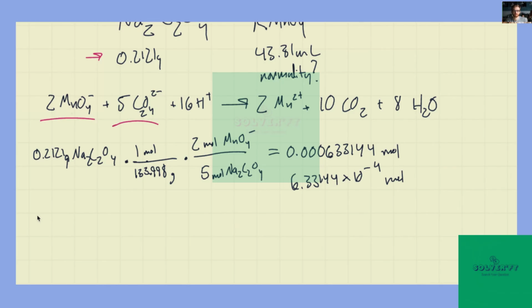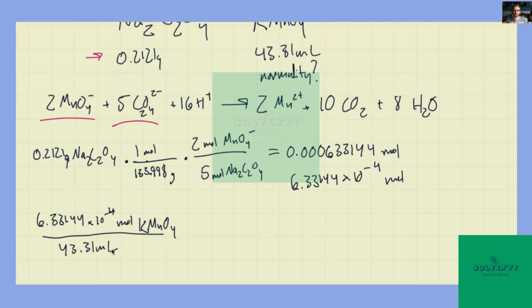We'll say 6.33144 times 10 to the minus 4 moles of our KMnO4, potassium permanganate. And then we know that we want to divide this by our volume, which is 43.31 mL.